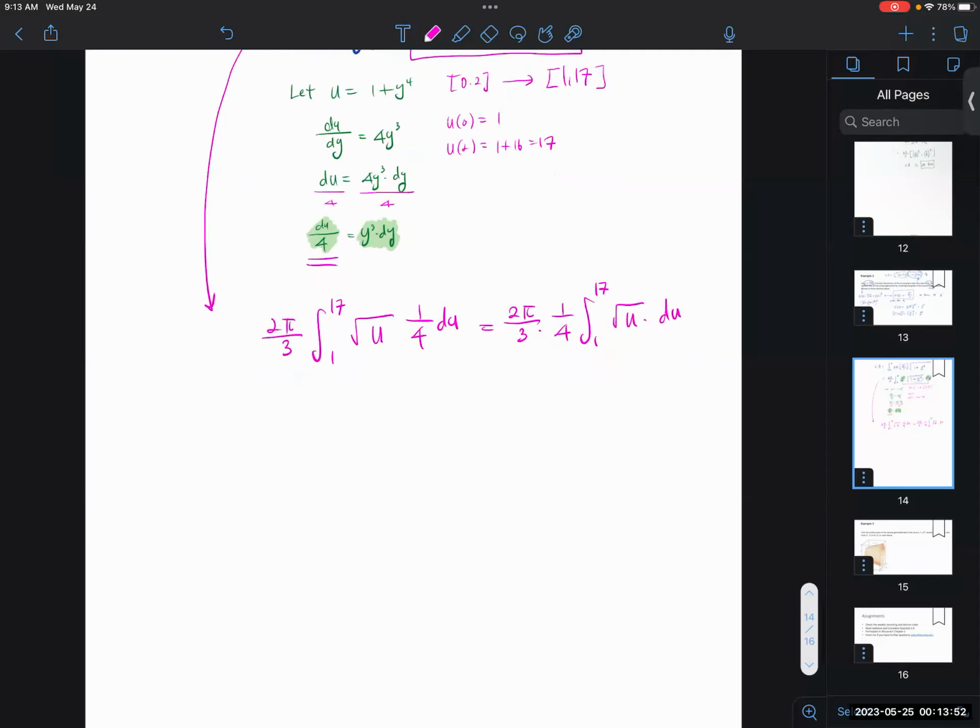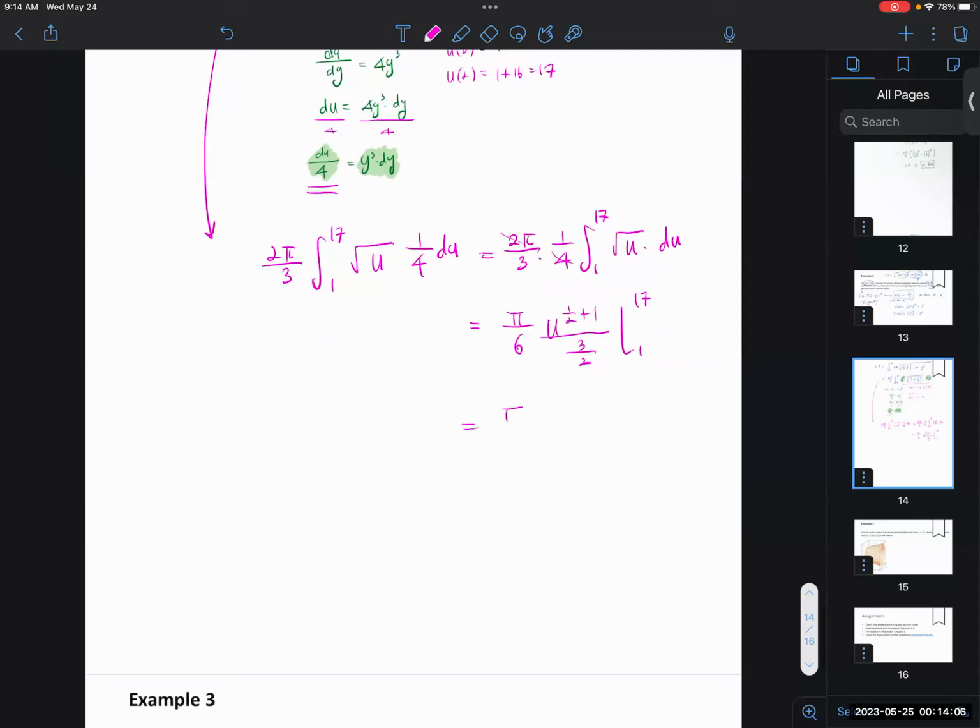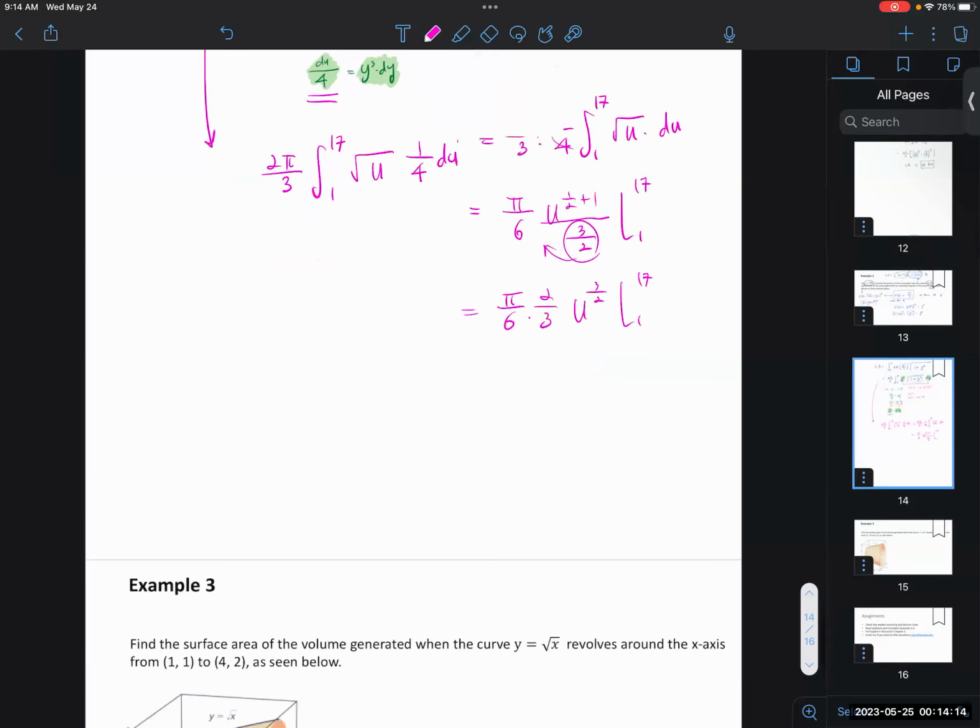Better? So therefore, I can simplify. It's going to be pi over 6. And then u to the 1 over 2 plus 1, divided by 3 over 2, from 1 to 17. So pi over 6, you can flip it over, 2 over 3, u to the 3 over 2, from 1 to 17.